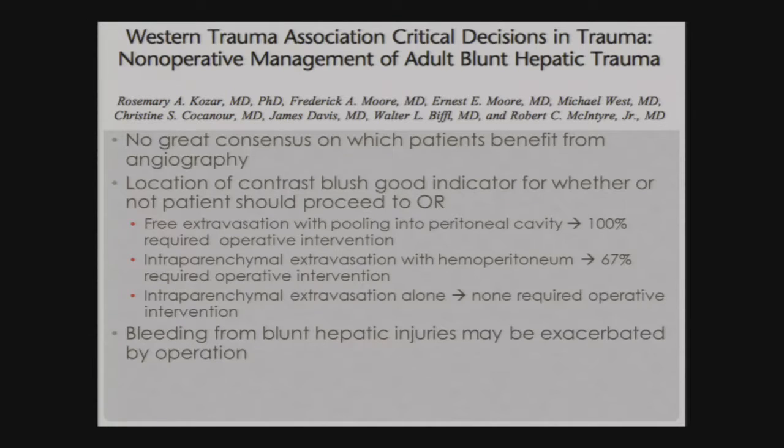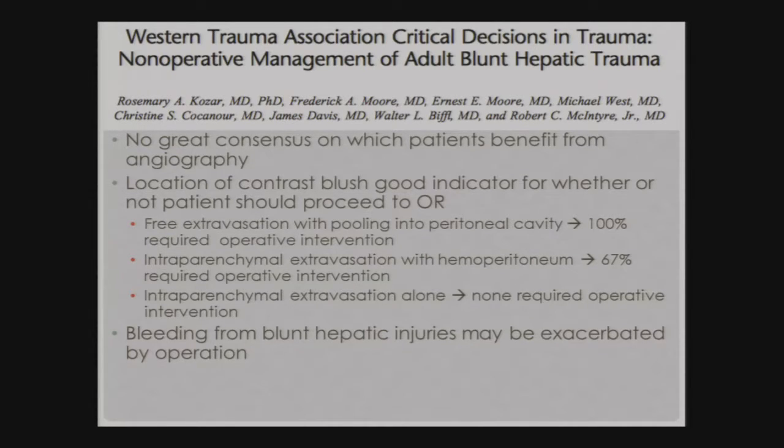There's no great consensus on which patients benefit from angiography like there was for splenic. But there was a brief mention of the location of a contrast blush. So if you have free extravasation with pooling into the peritoneal cavity, then 100% of those patients required operative intervention. If you had intraparenchymal extravasation, but with large hemoperitoneum, 2/3 of those patients eventually required operative intervention.